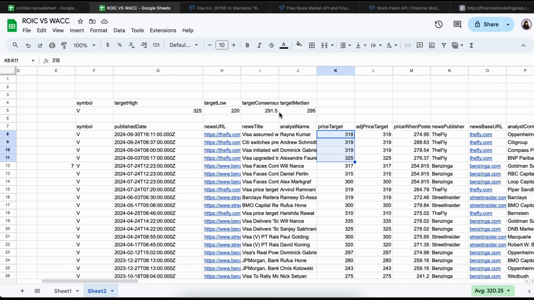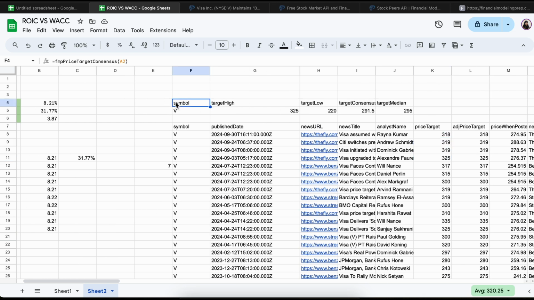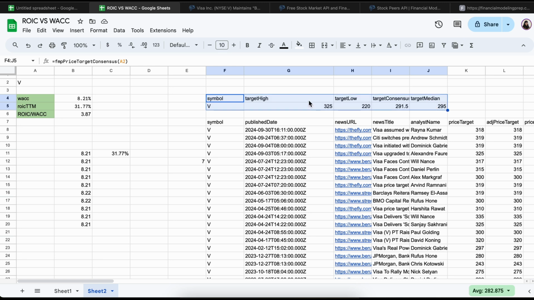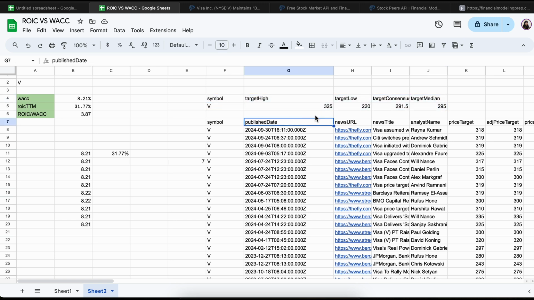320 is the average price. And you can also use another great FMP endpoint. Again, the list of endpoints is in the previous video, so watch the previous video. It's basically FMP price target consensus, and you choose the stock ticker. And then you will be able to see all this data. As you can see, the highest target price is 325, and the consensus or average target price among all analysts is 291.